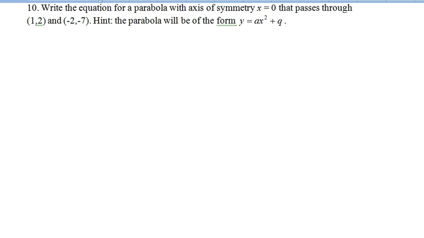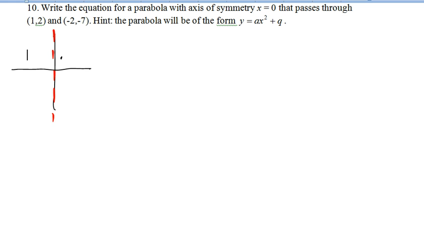Alright, and now question 10. We need the equation for a parabola with axis of symmetry x equals 0, and passes through those 2 points. So our axis of symmetry is going to be right down the middle here. And it's going to go through the point (1, 2).